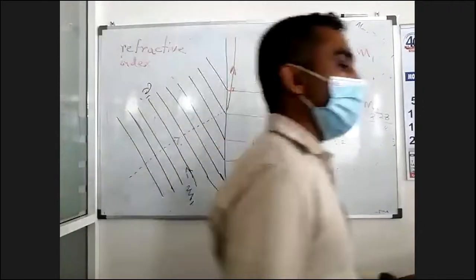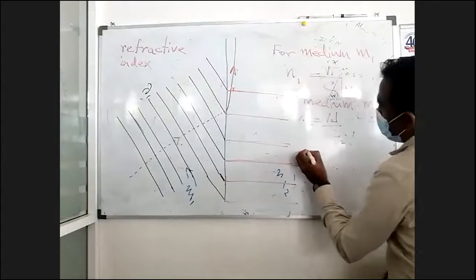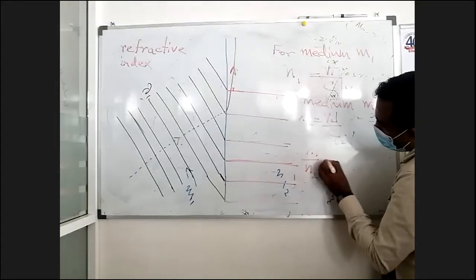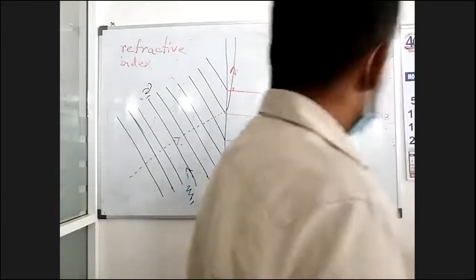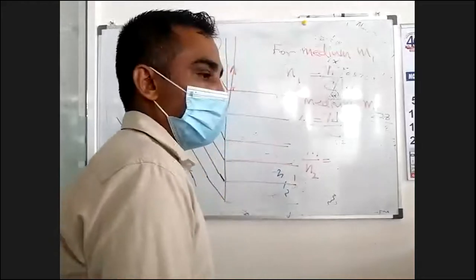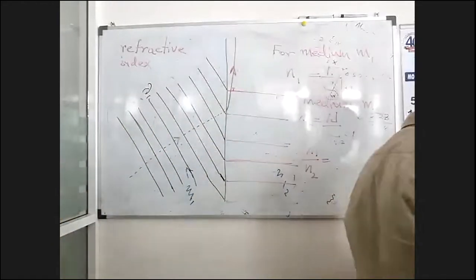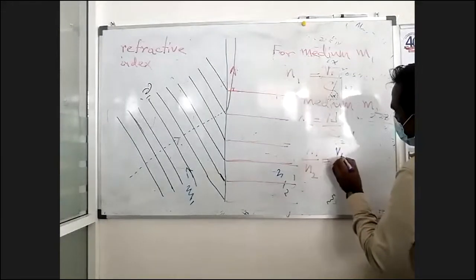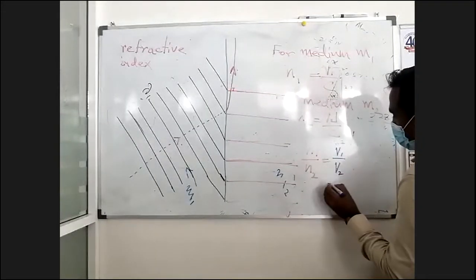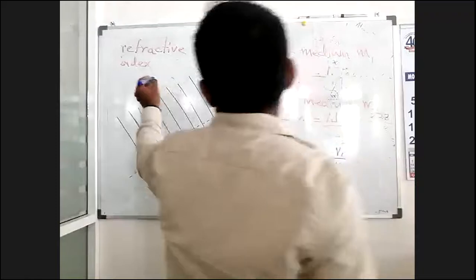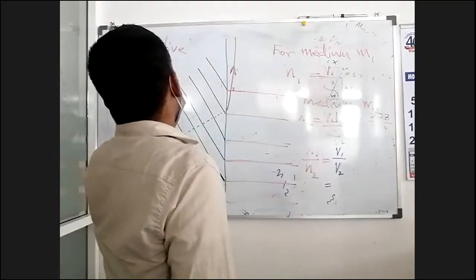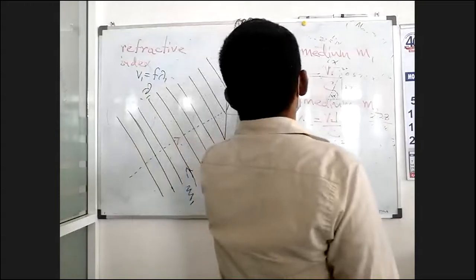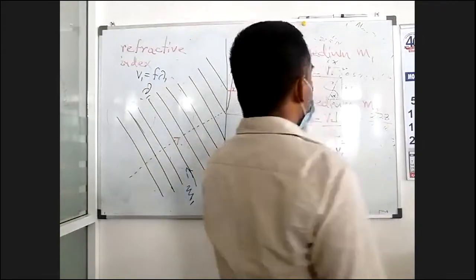this ratio N1 upon N2 equals V1 upon V2. I think the board is not clear for you. We know V1 equals frequency times lambda 1, V2 equals frequency times lambda 2.